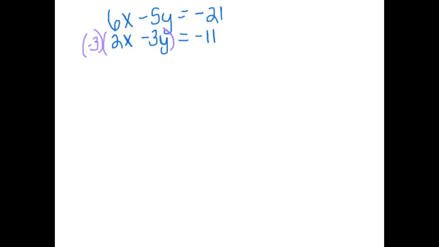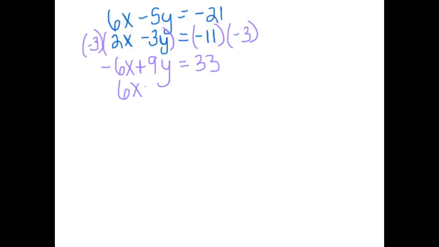But if you're multiplying one side of the equation by negative 3, we have to multiply the other side of the equation by negative 3. What we would get when we distribute is negative 6x plus 9y equals positive 33. I'm just going to rewrite the top equation right underneath to keep my work organized so I can really see what lines up.